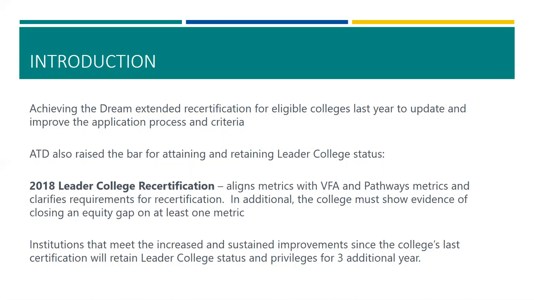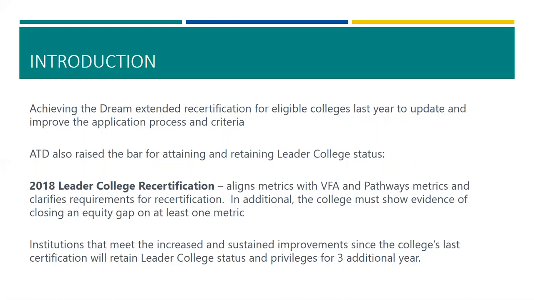Leader colleges must also build upon their achievements from the point of Leader College designation and show evidence of closing equity gaps. The new recertification process also requires a narrative that tells the story behind the data, providing a holistic view into how the strategies that were implemented intentionally address barriers to student success and equity gaps between student populations.